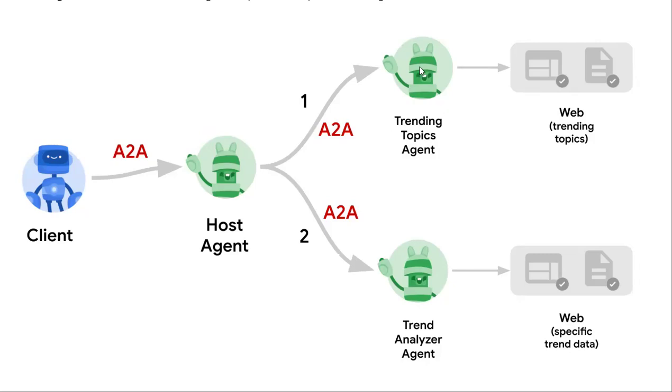Using that client, we checked the connection with these agents, and that is also working well. Now the pending task is creating the host agent, providing these agents as sub agents to it, running it, and querying it as a client. Now let's do that task.